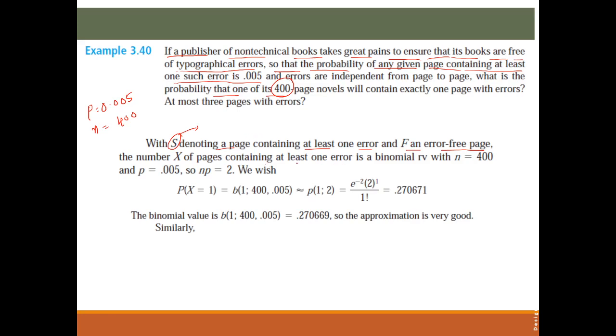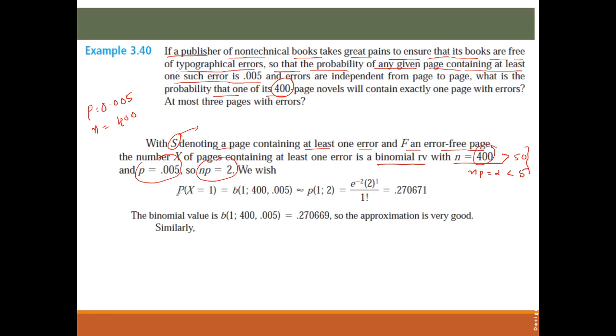And here this follows a binomial random variable because n is very large, a binomial random variable with n 400 and p 0.005, therefore np is 2. So here np is 2, that is less than 5, and n is greater than 50, therefore it tends to Poisson distribution.